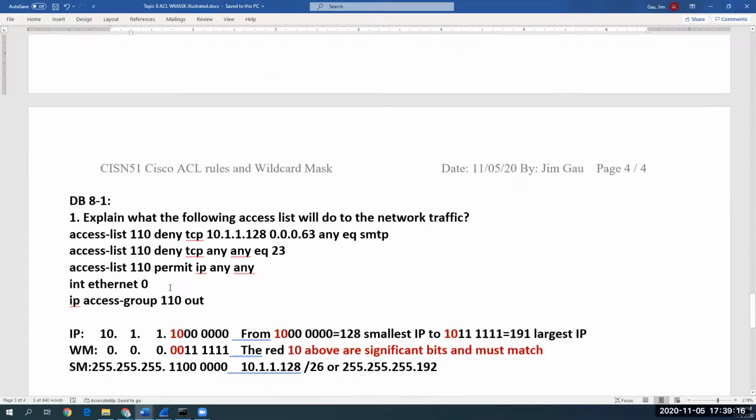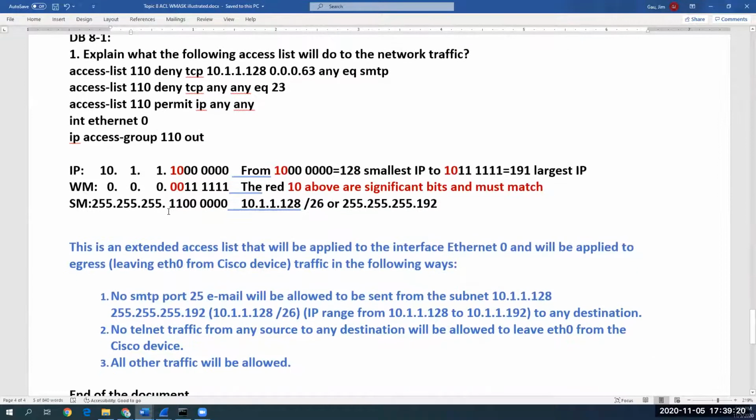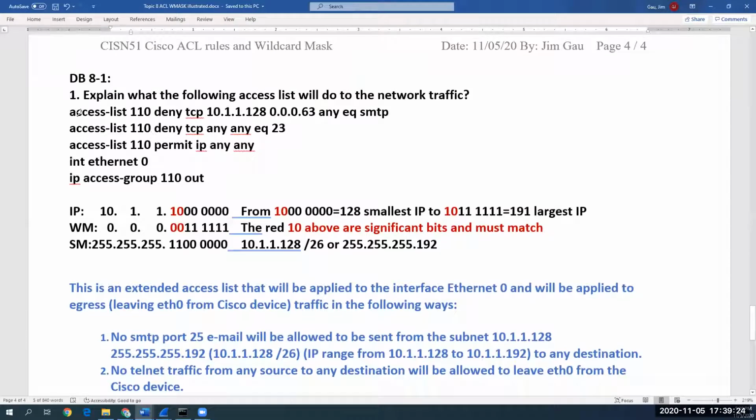Now we're going to step a little bit forward to look at the discussion board 8-1. That is question number 1, using the real example. So we're going to explain, using what we have learned, this particular ACL with 3 lines here and with additional syntax. The first line says access list.